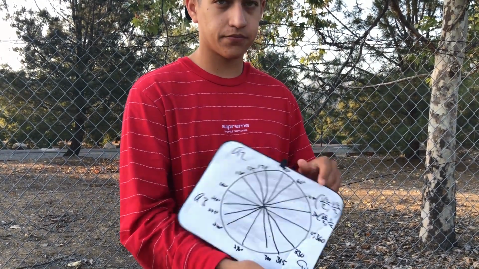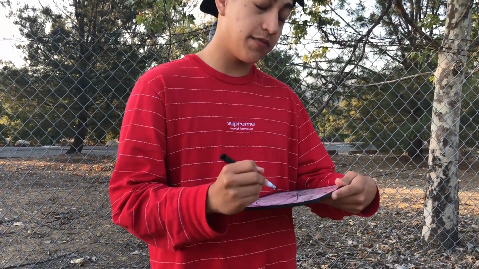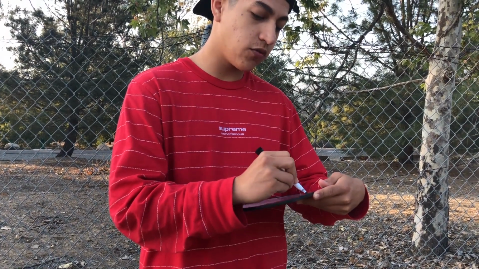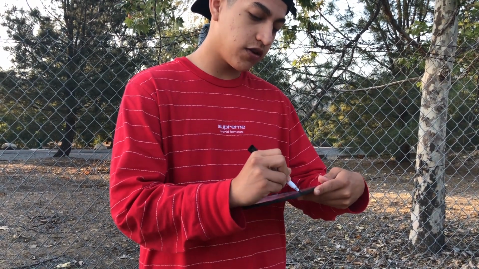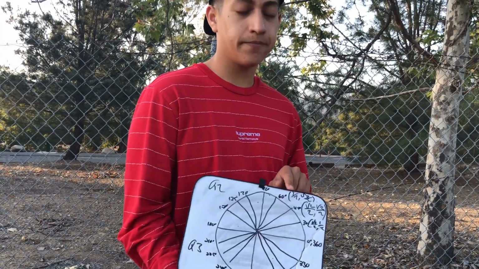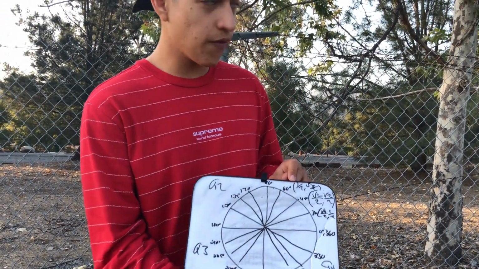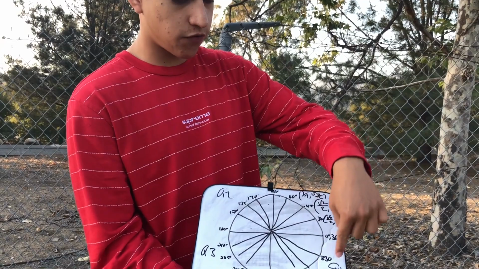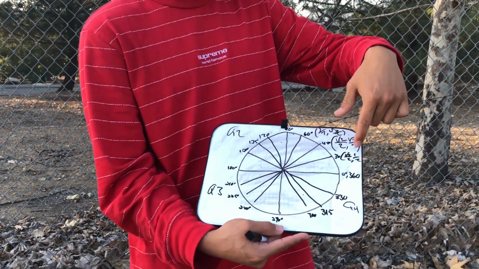And 60 degrees is going to be the opposite of 30, so it's going to be 1/2 and rad 3/2.